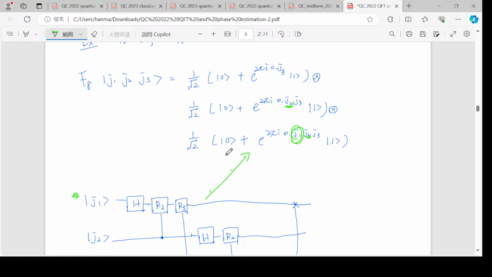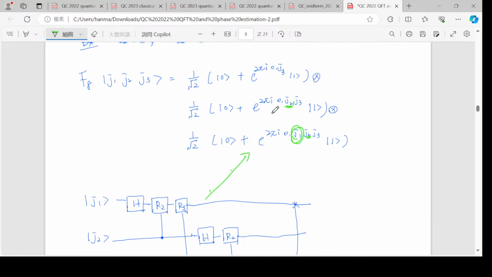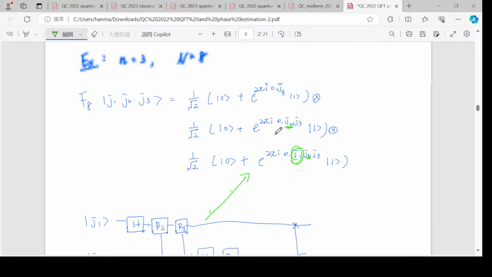You can try it, but remember here we are using the property that when you turn J1 into this qubit, then you don't need J1 anymore, so you can do all the other calculation nicely.